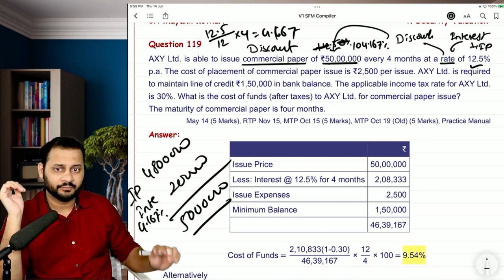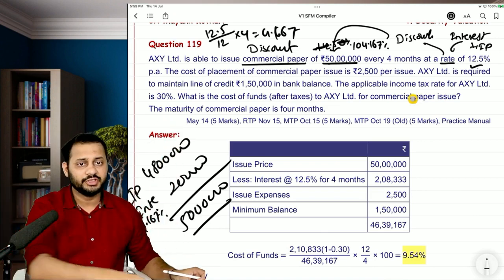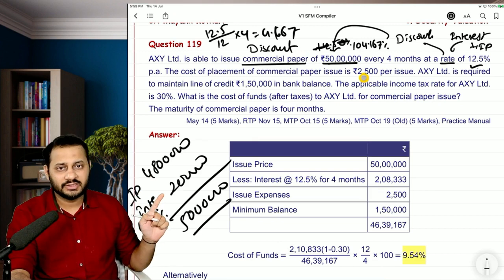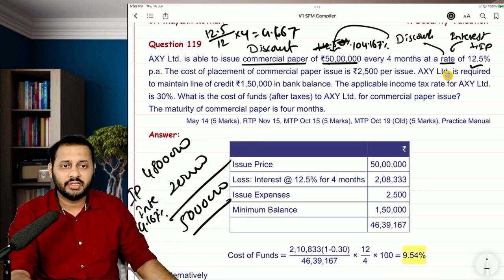Okay, that's the thing. But the cost of placement of the commercial paper issue is 2,500 per issue. So this is another expense. From the company's angle, 2 lakh rupees is the interest expense and 2500 is also an expense. AXY Limited is required to maintain a line of credit of 1,50,000 in bank balance.